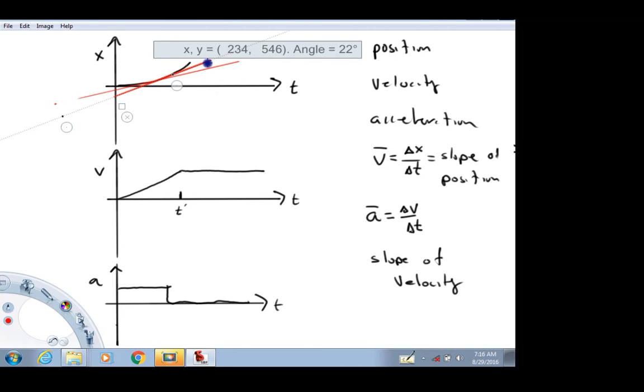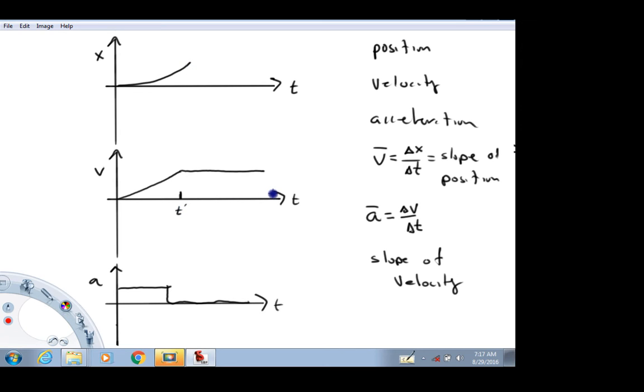And again, if I go a little bit further along this curve, now the tangent line has a slope that looks something like that. So this increasing velocity means on our position graph, as I move along the curve, the slope has to get steeper and steeper. That's why it's got this concavity property. In this case, this graph is concave up. So out to t prime, our position graph would have an increasing slope, maybe something about like this.